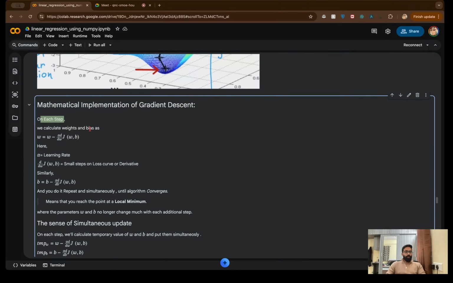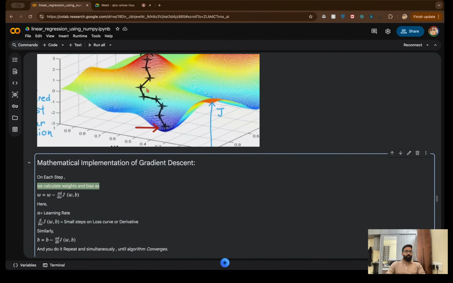Now, mathematical implementation of gradient descent. On each step, we calculate the weights and bias. Every point it is calculating the weights and bias. How?